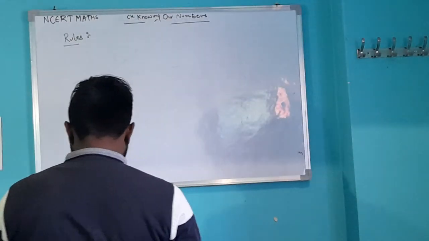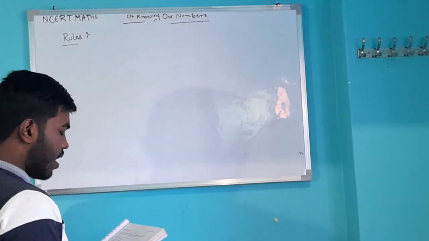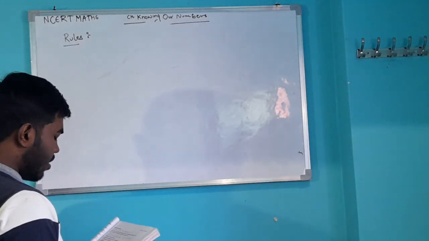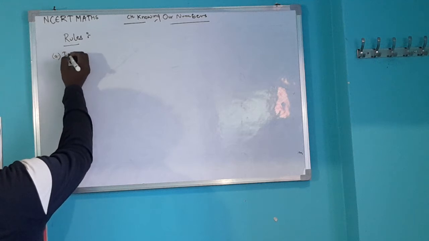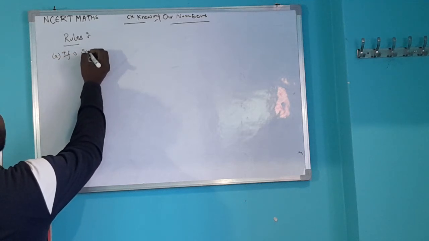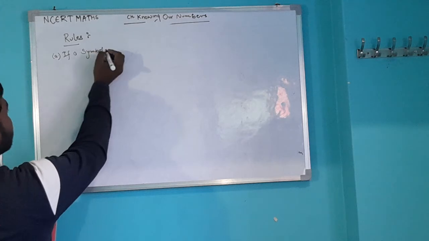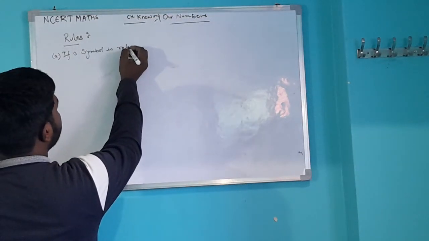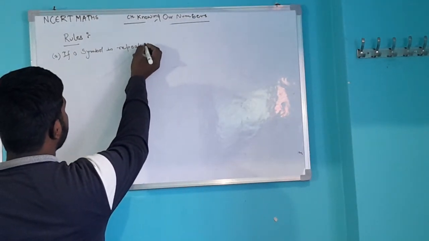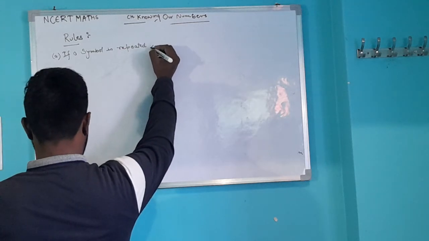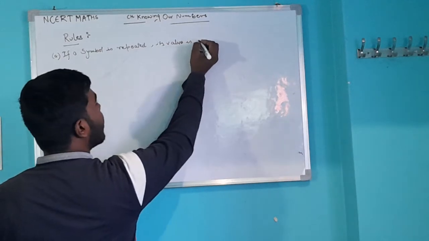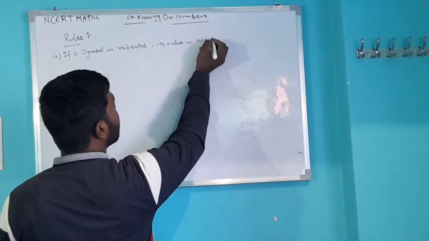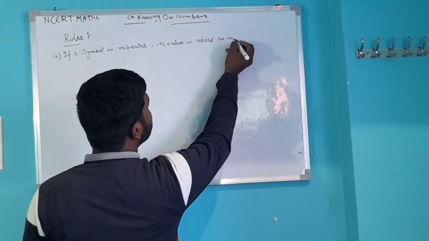From your book, our first rule is, if a symbol is repeated, its value is added as many times as it occurs.